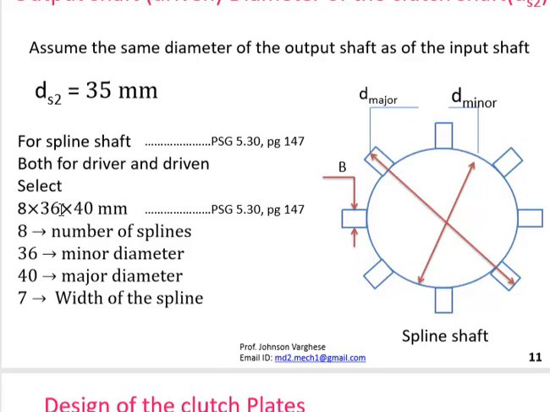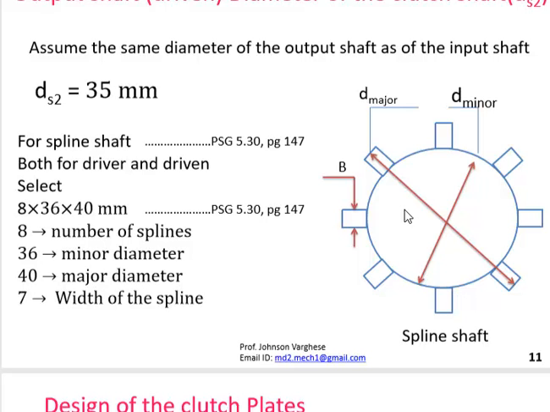Hence I'll be selecting the spline shaft with the designation 8 into 36 into 40 mm, where 8 is the number of splines as you can see in the figure. 36 is the minor diameter and 40 is the major diameter.